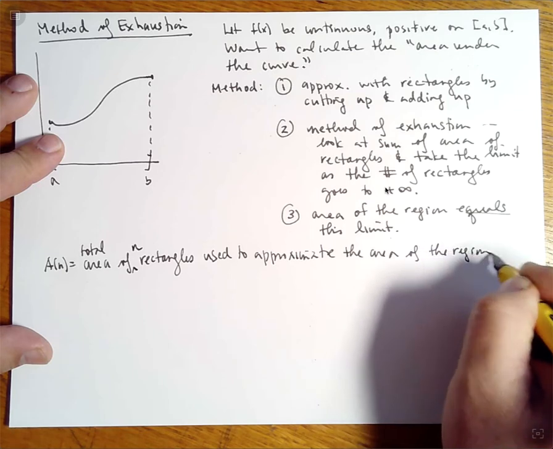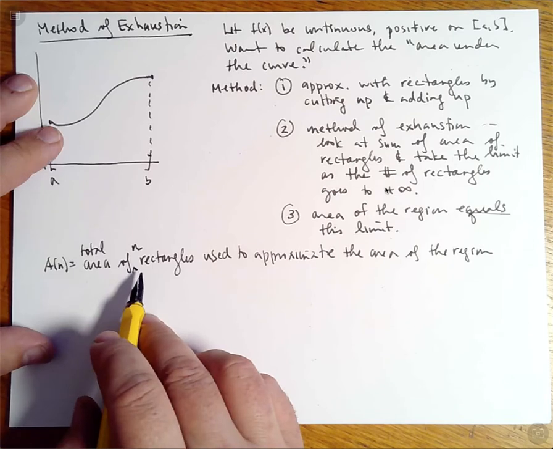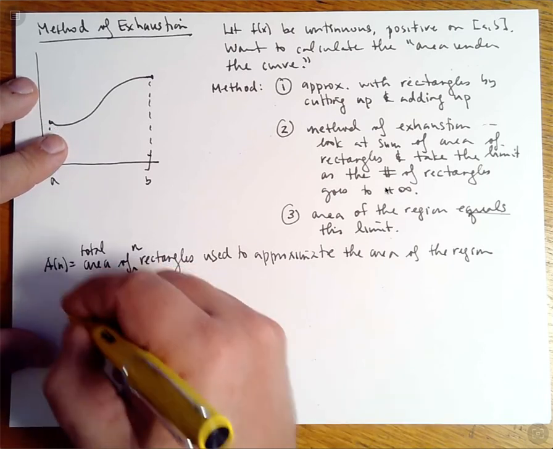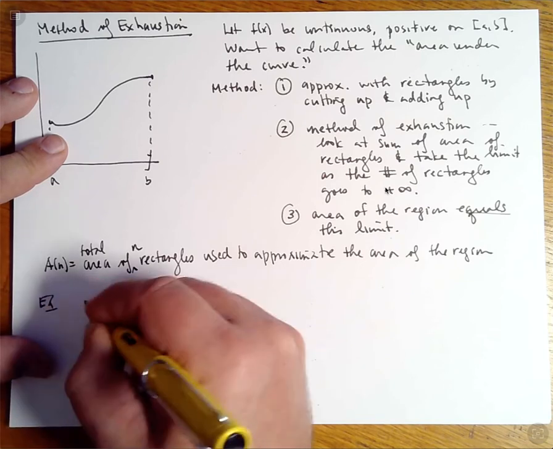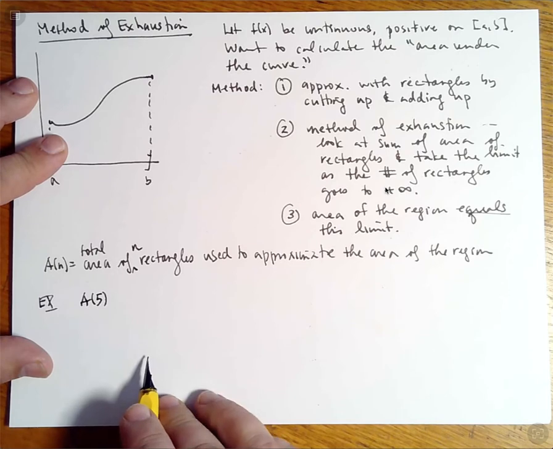So let A_n be the area you get when you use n rectangles. But what we've talked about to this point is how would you calculate A_5? How do you calculate the area using 5 rectangles?